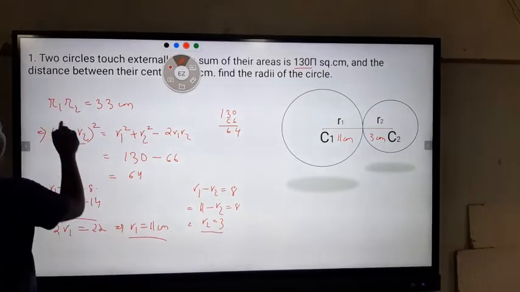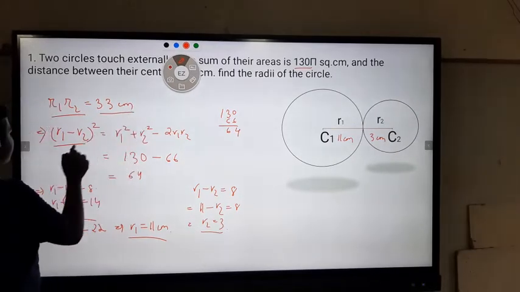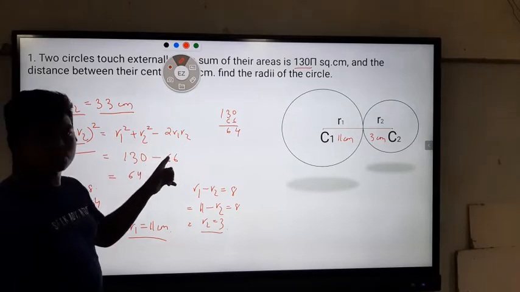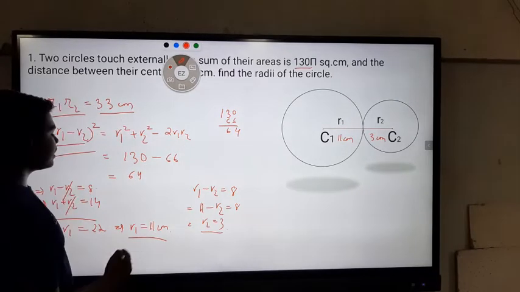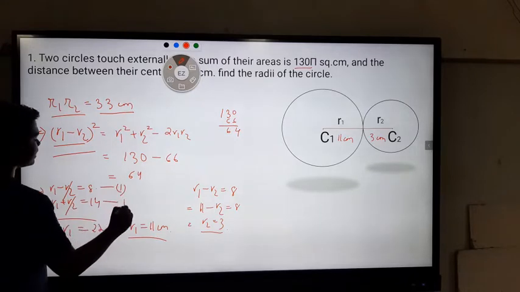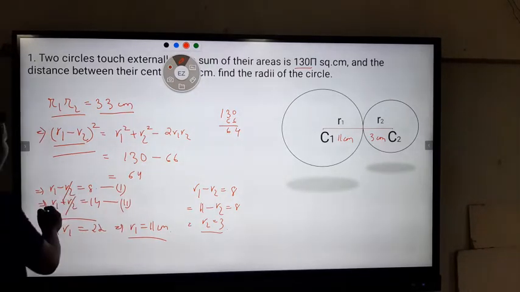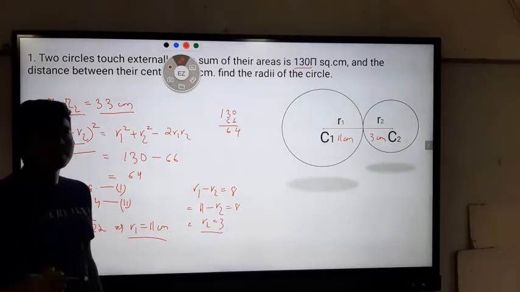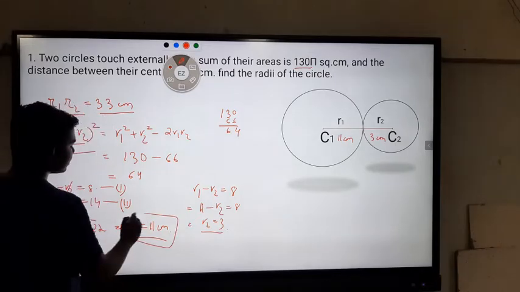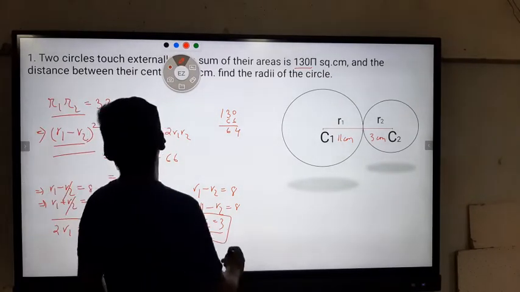Then by calculating we get R1 R2 equal to 33 cm. Then we do (R1 minus R2) whole square, using the formula a square plus b square minus 2ab. Then we get these two equations: R1 minus R2 equals 8 cm and R1 plus R2 equals 14 cm. By solving this pair of linear equations, you will get R1 equals 11 cm and R2 equals 3 cm. Let us move to the next question.